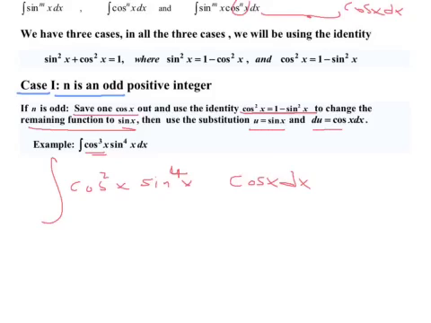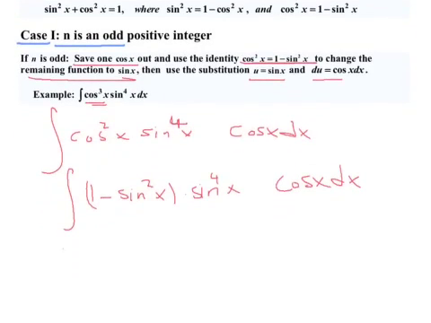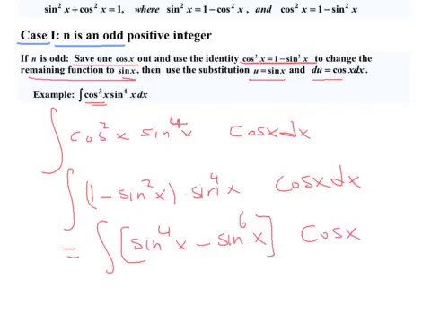Then change the cosine square using the identity into 1 minus sine square, times sine 4 x, and this should be saved out and not changed. Then this can be simplified into sine 4 x minus sine 6 x if you multiply sine 4 by the bracket. This is kept out as it is.